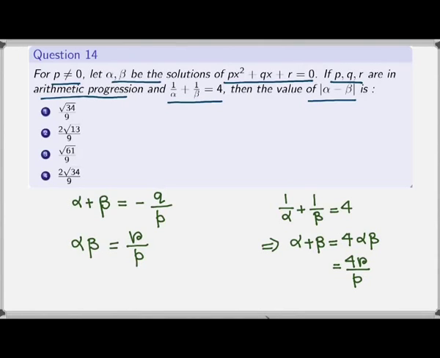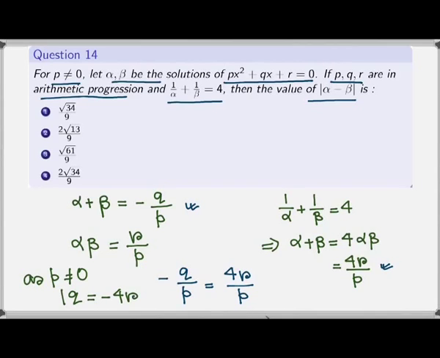Now equating these two, we obtain that minus q divided by p is equal to 4r divided by p, and as p is non-zero, we can write q is equal to minus 4 into r. So we have got a relation in q and r.